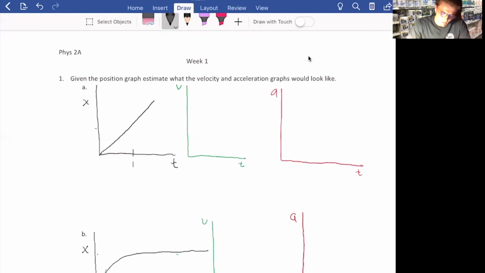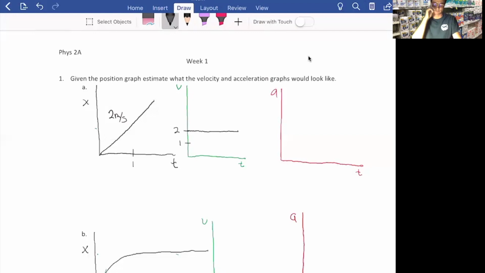Let's say our slope here is 2 meters per second. So then our velocity graph is just going to be a straight line at, let's say this is 2, this is 1, a straight line just like that.